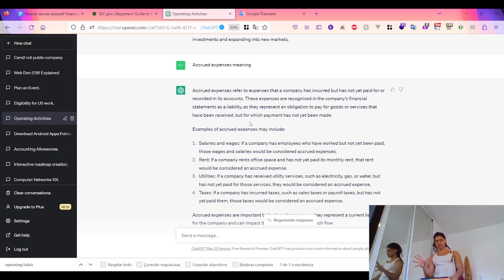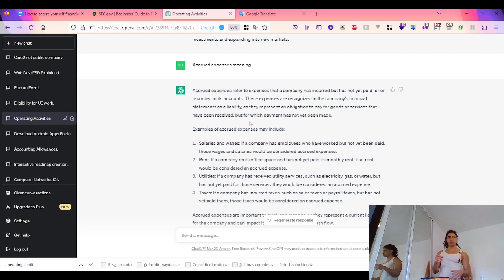This expense represents obligations that a company needs to pay for goods and services that have been received.